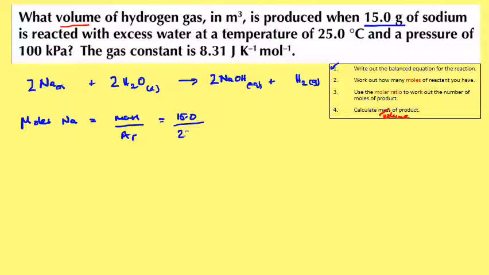You'll find that that's 23.0. Feed that into your calculators and you get 0.652 moles of sodium. So now we've worked out step number 2, we've got the moles of sodium. We want to refer back to the molar ratio now.